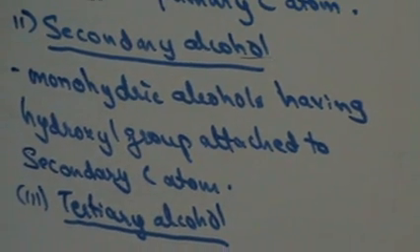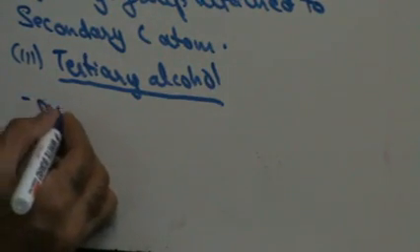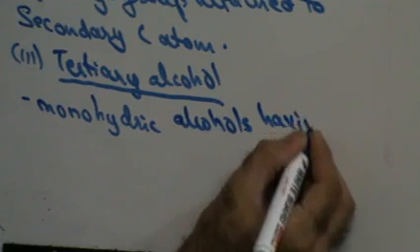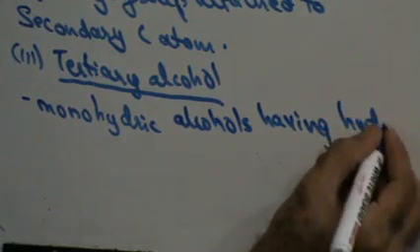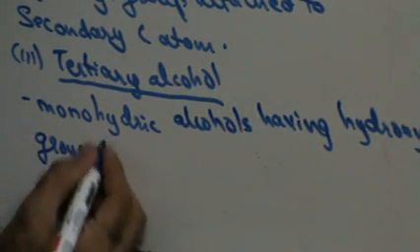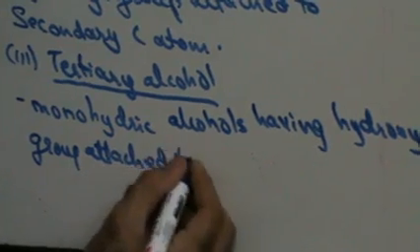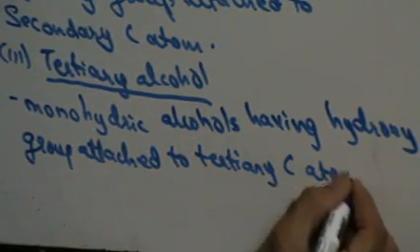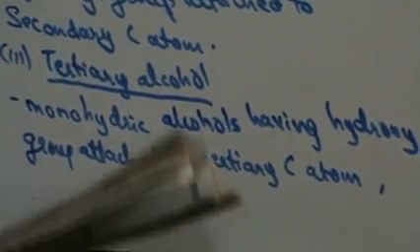They are those monohydric alcohols having a hydroxyl group attached to a tertiary carbon atom. So that's how you classify monohydric alcohols. Next, let's move on to the nomenclature, guys.